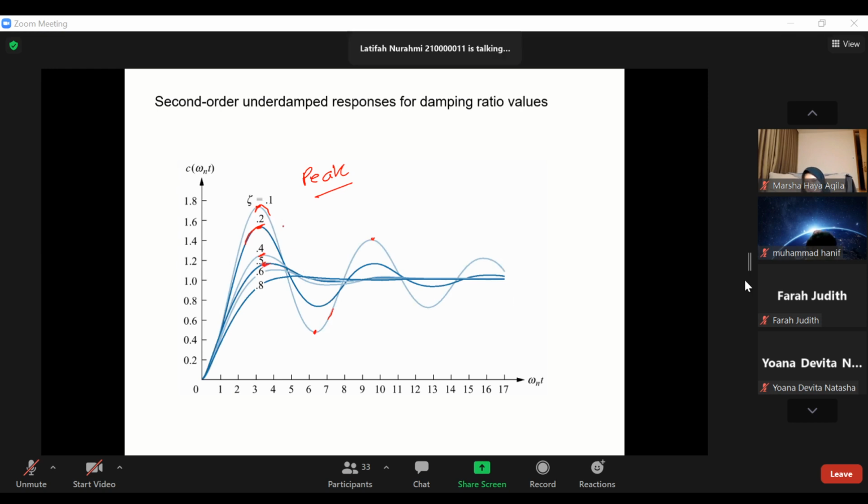As you increase zeta, the value of the peak will decrease, and you will have fewer peaks. Here we have 1, 2, 3, and maybe 4 peaks. If you increase zeta, the peaks will also be fewer.